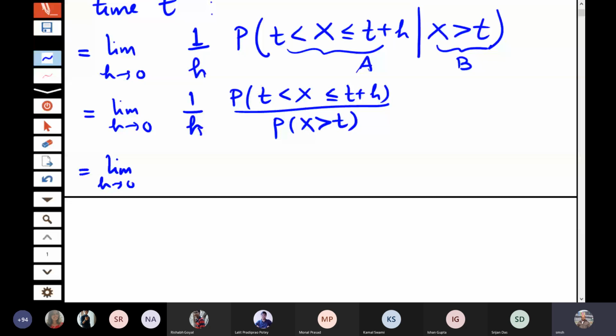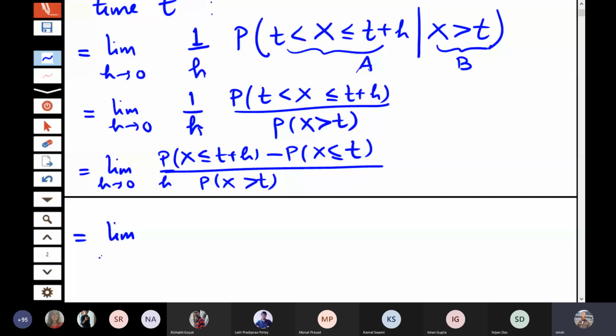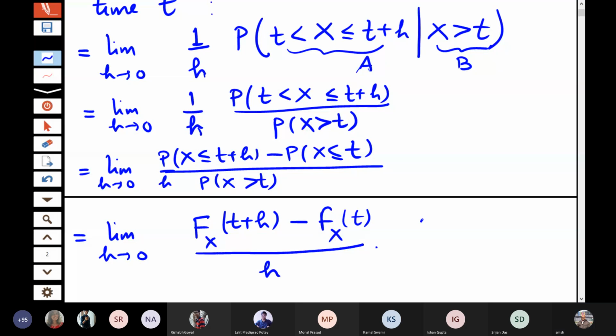That is the limit as h tends to 0 of F(t plus h), that is the CDF of x at t plus h, minus the CDF at t. See, this probability x greater than t is nothing but R(t), or you can write it as 1 minus F_X(t) also.